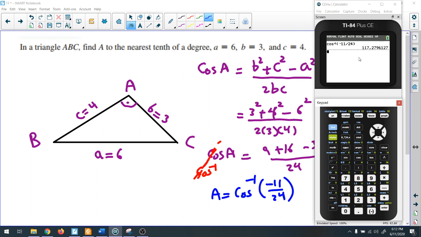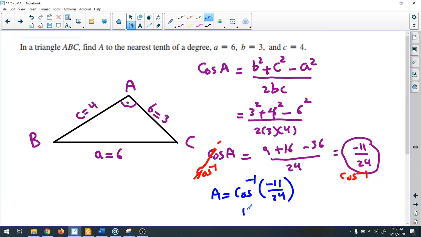Then the measure of angle A is 117.3. Let's round it to tenths, as it said. It's 117.3 degrees. That's it.